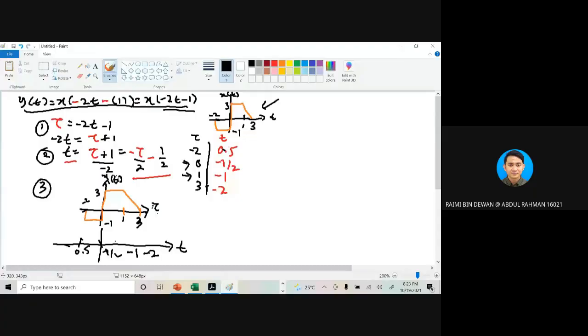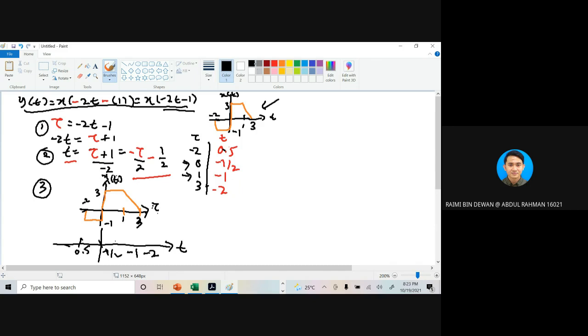So this method 3 is the safest because when you do it, you indirectly solve for the inversion, scaling, and shifting if any of them is involved. But for method 1 and method 2, you need to be able to factorize and identify yourself the inversion, the scaling, and also the shifting. So method 3 doesn't need that.